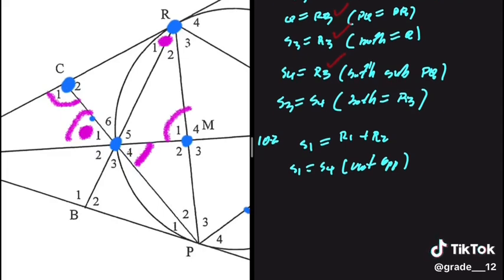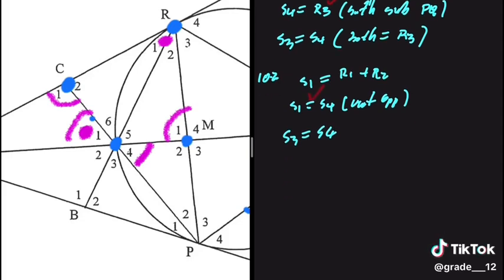And then let's not forget, in the question above, we said that S3 is equals to S4. And now we are saying that S1 is equals to S4. So what does that mean? It means that S1 is equals to S3 as they are both equals to S4.